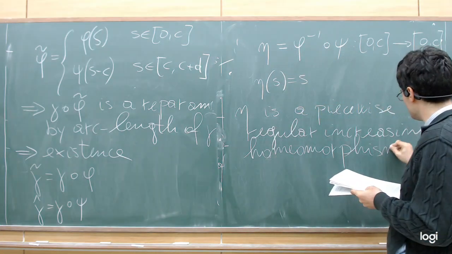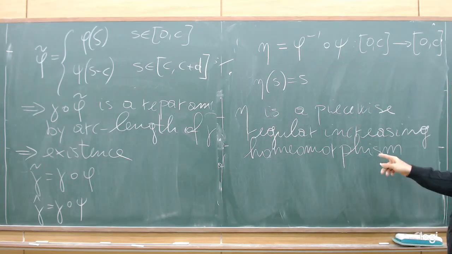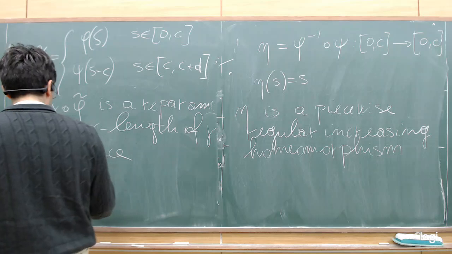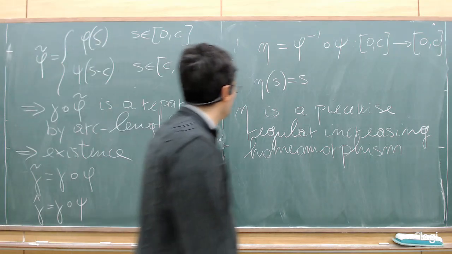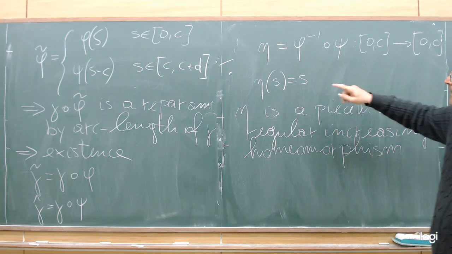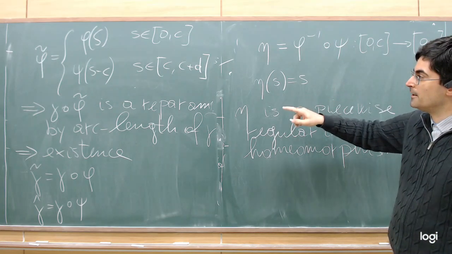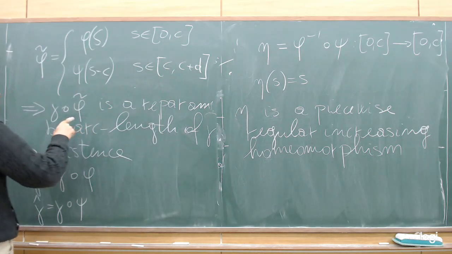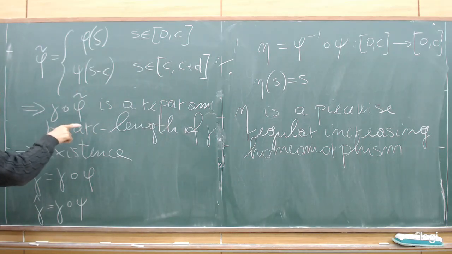Why is this true? It is clear why this is a homeomorphism, because phi and psi are homeomorphisms, and it is increasing because they are constructed as before.